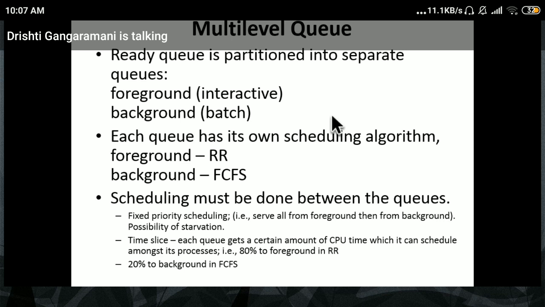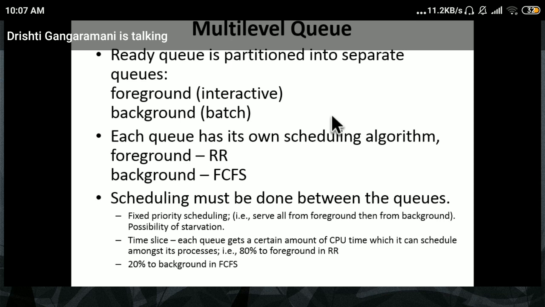So 80% will be given to foreground and 20% to background. The time slice is divided like this so that everything gets a chance. 80% we give to the foreground, the things which the user can enter, and 20% to the background, the programs which the operating system runs behind. So the scheduling must be done between the queues.